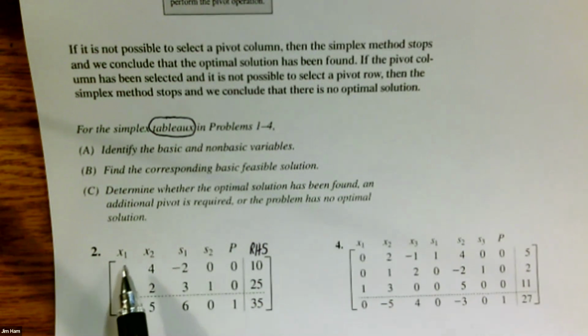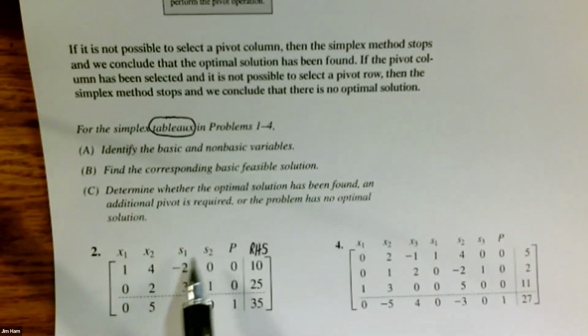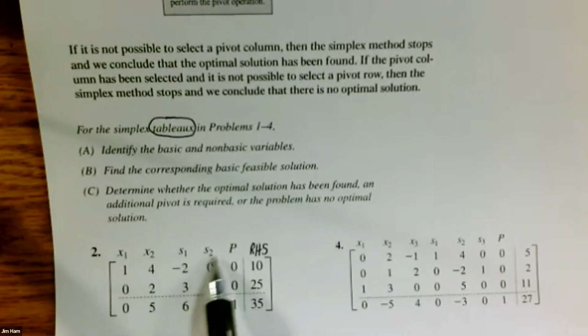The number of rows or columns that you have corresponds to the number of variables in the problem and the number of constraints. You can see that this problem here had two constraints because it had two slack variables.